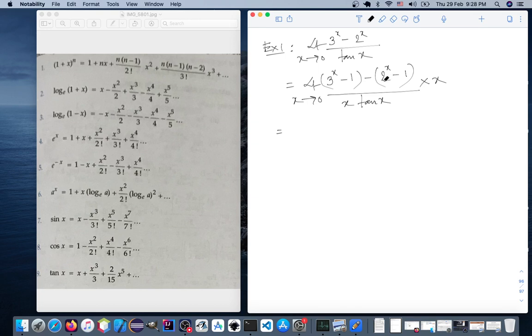So now if we break the two limits, we have two terms with minus.